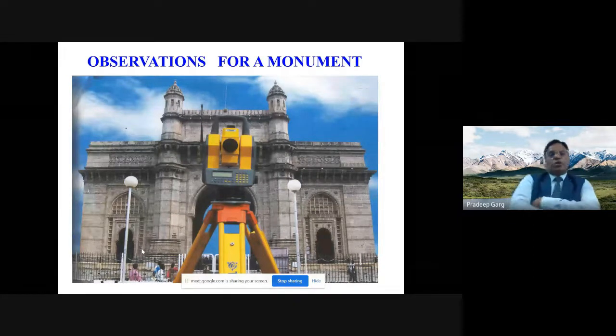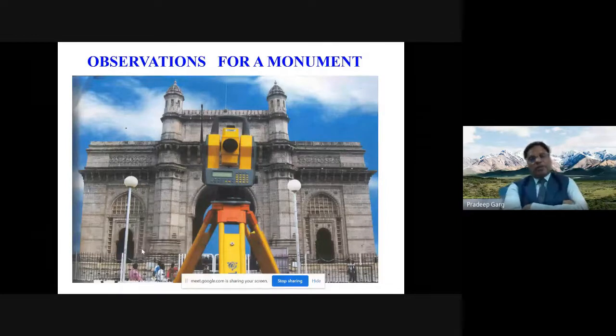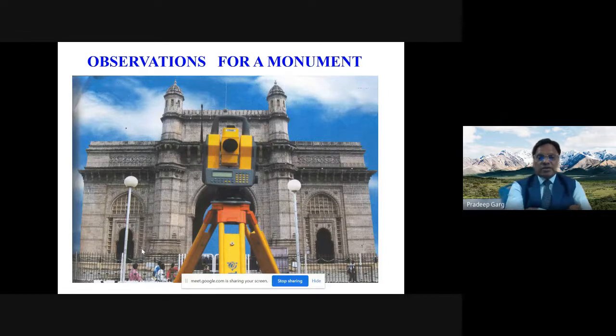So then world over, there was a move that why not preserve the data of the important monuments and world heritage buildings in 3D mode. And this surveying equipment was very, very useful to fulfill the objective. So in India also, all the monuments and world heritage buildings now have been preserved in 3D mode.